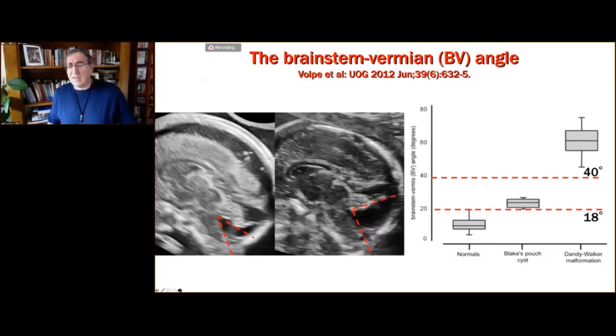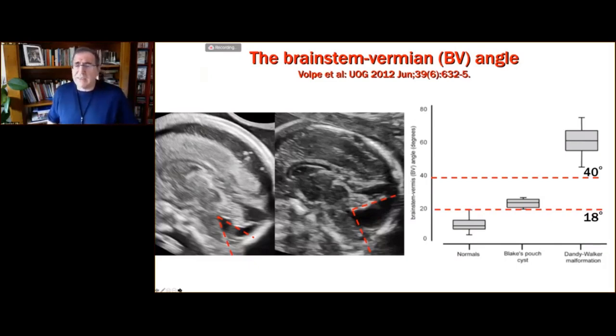Blake's pouch cyst is something that on average is in the range of 25 to 35 degrees. And I hope that you can see the Dandy-Walker malformation, because with Dandy-Walker malformation, the angle is always very significant. It is very close to 90 degrees. As you can see, there is much difference between the degree of rotation.